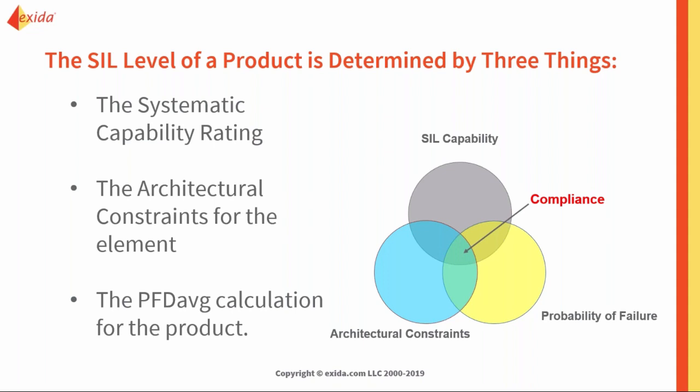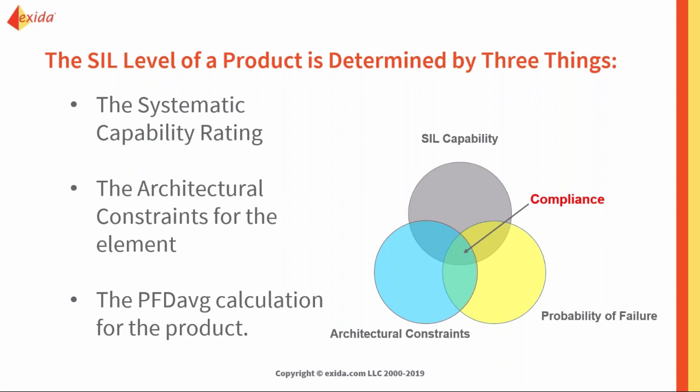The systematic capability of the product itself, the architectural constraints for the element, and the PFD calculation for the entire product. The standard says very clearly throughout IEC 61508 and IEC 61511 that you can't pick and choose which ones you want to comply to. You can't say, oh, I'll look at architectural constraints and PFD average only.